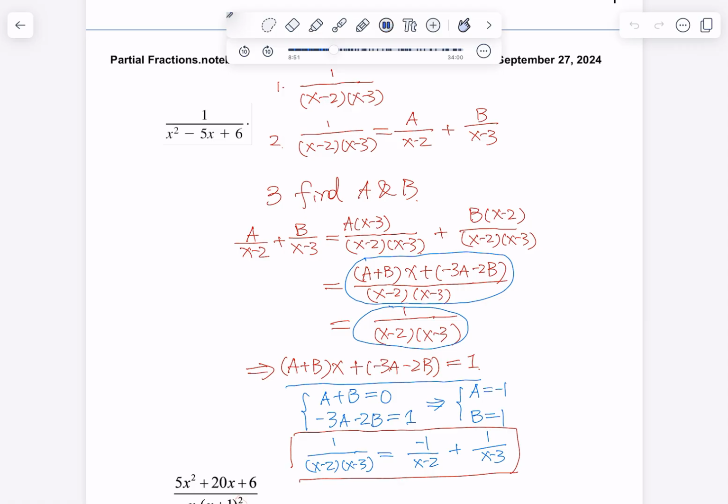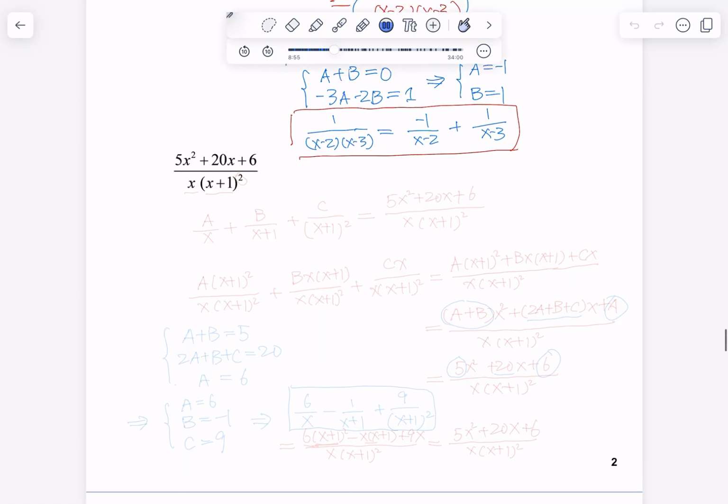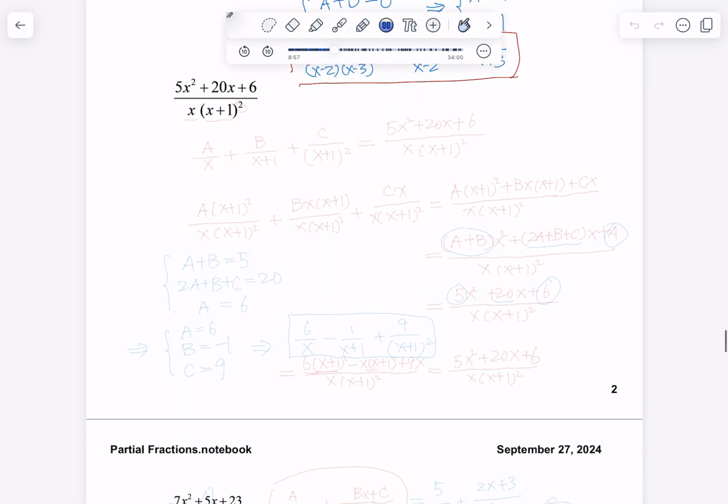Let's look at the second example here. In this case, the denominator has a linear factor x and x plus 1, and the x plus 1 has the power of 2.